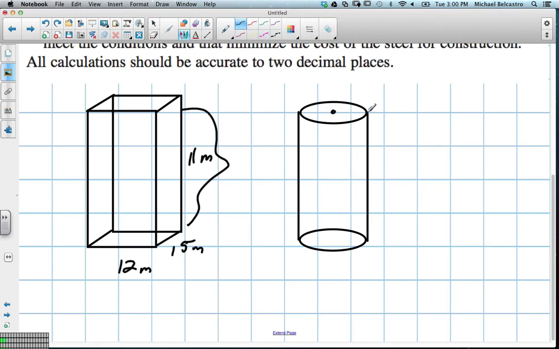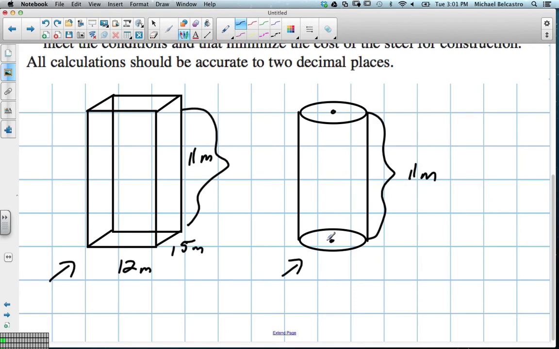First of all, what is the height of our tank at max going to be? Okay. So we have 11 meters at max. Now, because this isn't a square here, we have a restriction on the radius. What is the largest the radius is going to be able to be in this question? And how do we get 6?